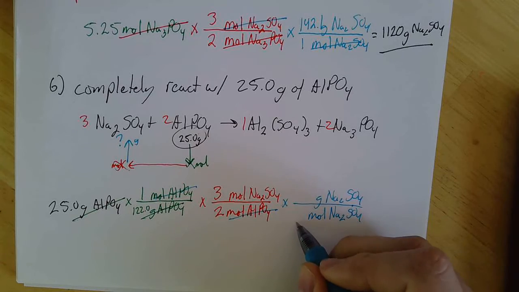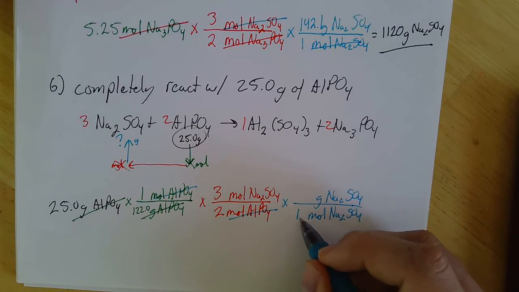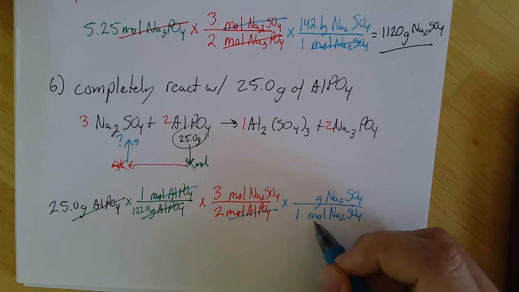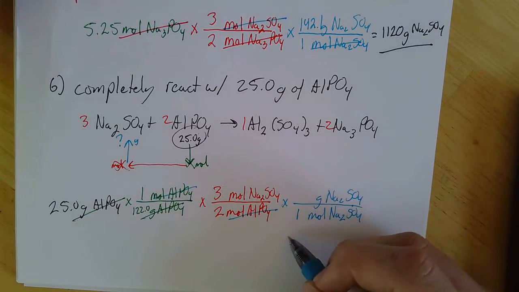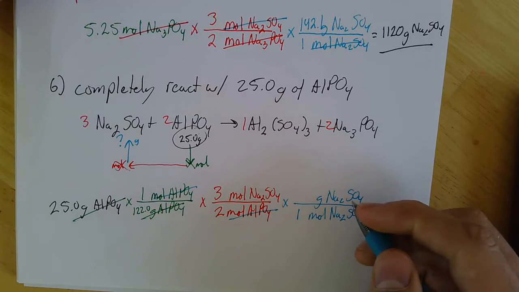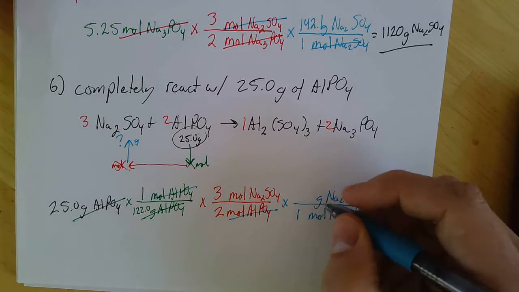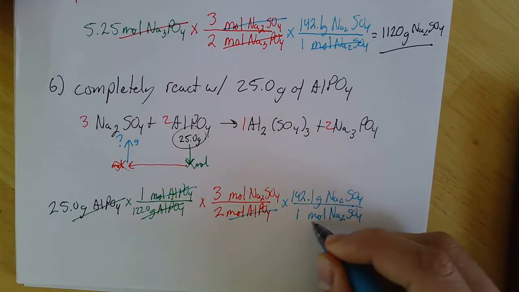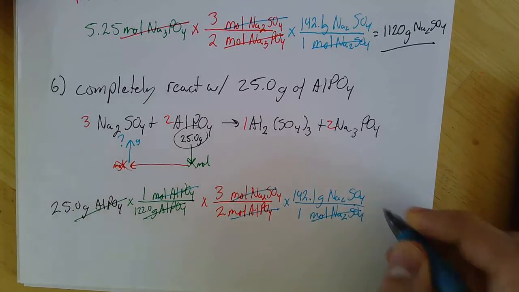Again, mole ratio, do not put a 3 here. This is a 1, right? The numbers over here are for mole ratio. This is molar mass, grams and moles. This comes from the periodic table. So it's 1 for every, look it up, add it up. Oh, same as before. So I have my 142.1. Moles cancel. We're done, right?